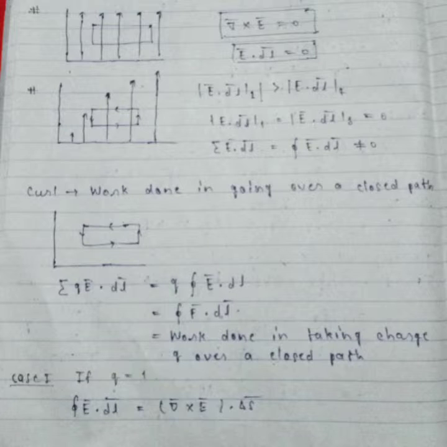So this we understand, E dot dl is work done in taking a unit charge, let's write q equals 1, around a closed path, and this is related to curl dot delta S. Therefore, if work done is non-zero in going around a closed path, the curl is non-zero. If work done is 0, then curl is 0.